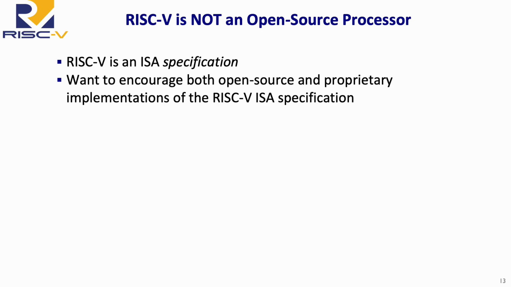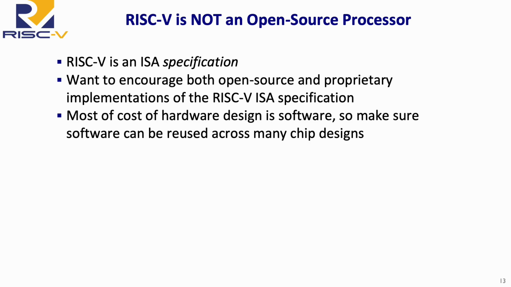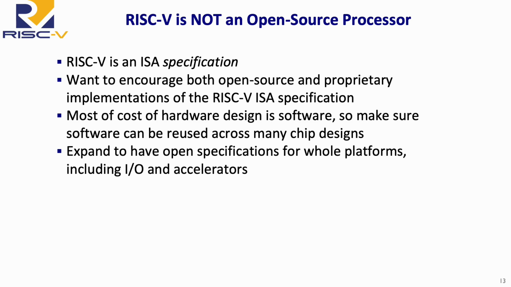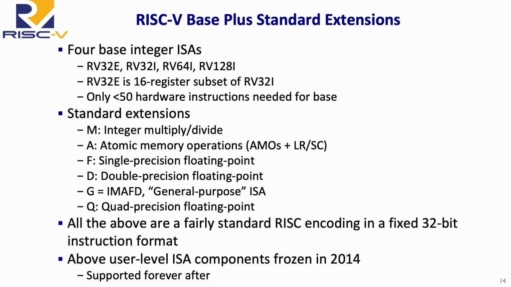They want to encourage both open source and proprietary implementations based on that ISA. Most of the cost of hardware design is actually in software, so we want to make sure that the software can be reused across multiple chip designs. And then expand to have open specifications for whole platforms, including I/O and accelerators.